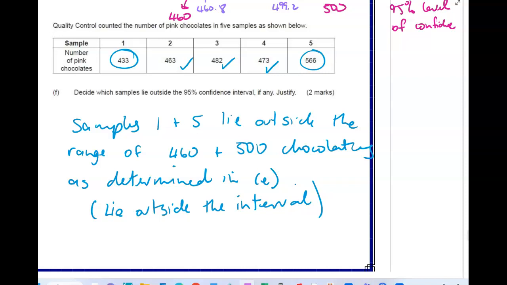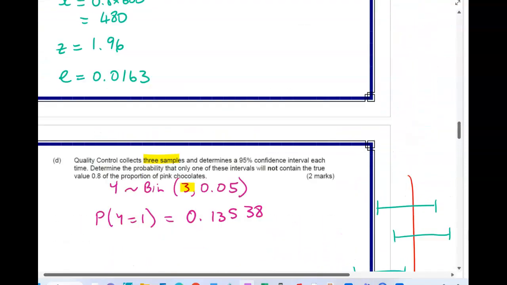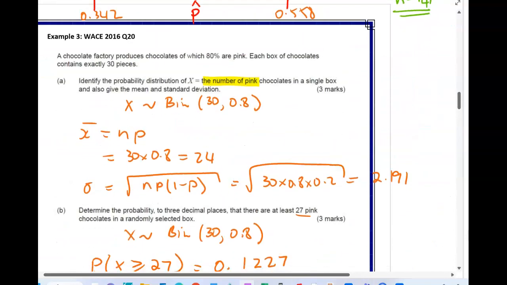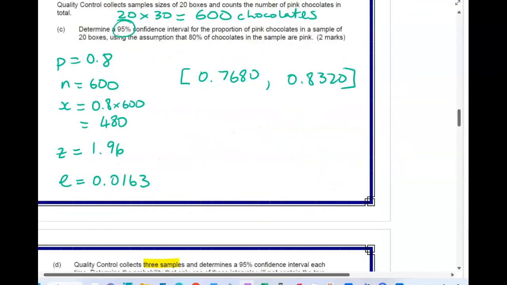That's a pretty high proportion. So what might that tell you? Well, it might tell you that the proportion of pink chocolates, or the chocolates that they're suggesting are pink, might not be right, because they've suggested from the beginning 80% are pink.